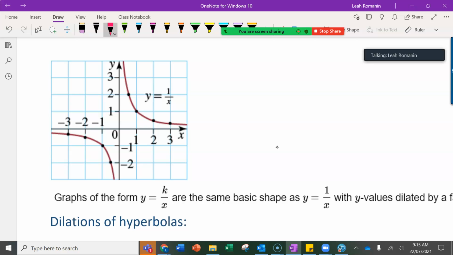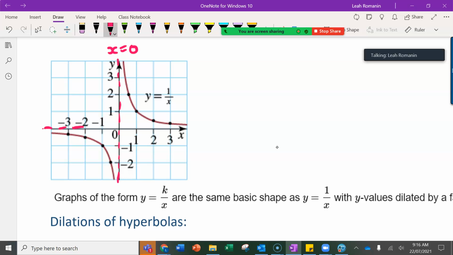Now, when we first did exponential functions, that did contain asymptotes. This doesn't just have one asymptote, it has 2. It has this vertical asymptote, which, remember, any vertical line has the equation x equals, and in this case 0 because it's along the axis.